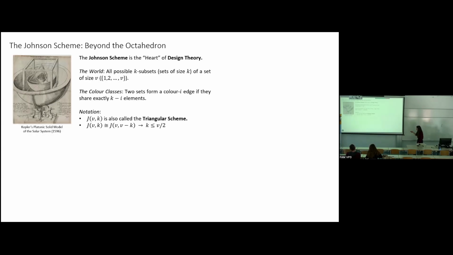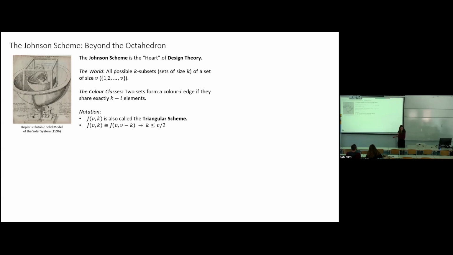Here's some technical notation. It turns out, and this should ring a bell, that these two are equivalent. We know from binomial coefficient theory, counting, that graphically speaking, association-scheme-wise, counting k-subsets of a v-set is the same as counting v minus k subsets.